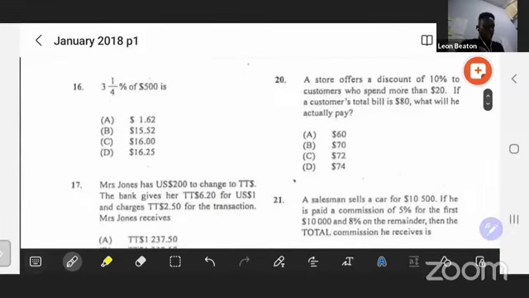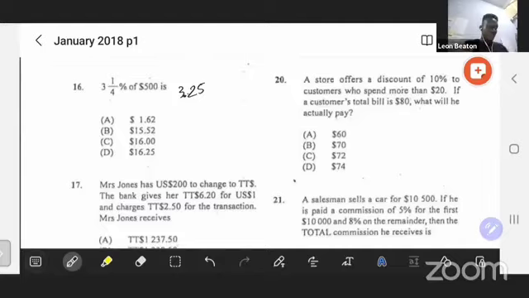Okay, so number 16 says 3 1/4 percent of $500 is... We can work with this as a fraction, or we can simply convert it into a decimal. 3 and a quarter is the same as 3.25. That is a fraction that we should be able to convert easily.